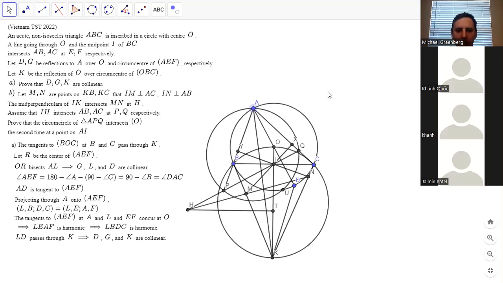How do we use that HT as a perpendicular bisector? Yeah, this feels like just so much information.